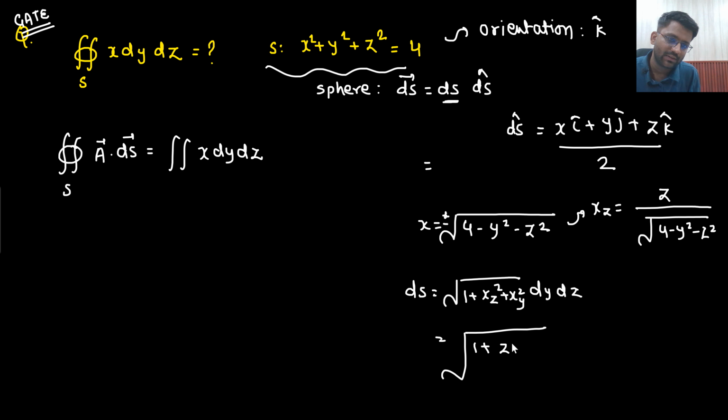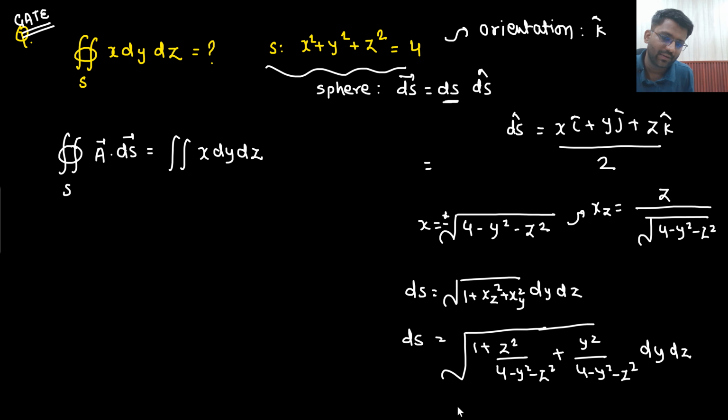So 1 plus z square upon 4 minus y square minus z square, plus y square upon 4 minus y square minus z square, dy dz.